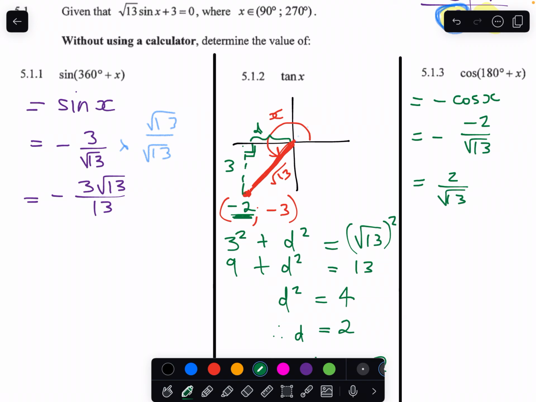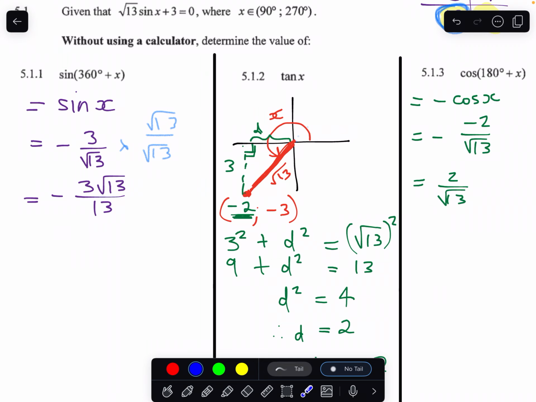So let's see if the memo agrees with all of our shenanigans. So sine of 360 plus x, the memo doesn't actually give us the first answer, it just says that this is equal to this and it ends it there, which is quite interesting.